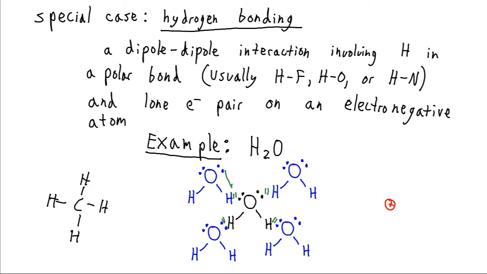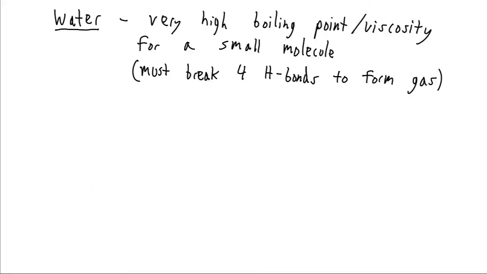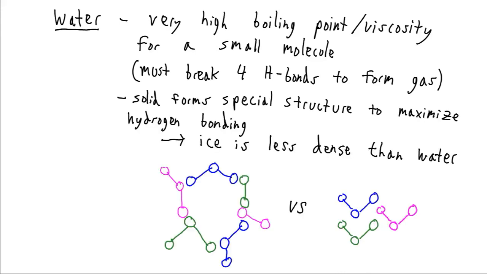pairs available. The presence of all these hydrogen bonds gives water a number of unusual properties as a molecule. In addition to the very high boiling point, it has a very high viscosity. It also has a very unusual feature, which is that its solid is less dense than its liquid form. And so when water cools down, it will tend to arrange itself to maximize the amount of hydrogen bonding which occurs, which leads to this very space-filled structure here.